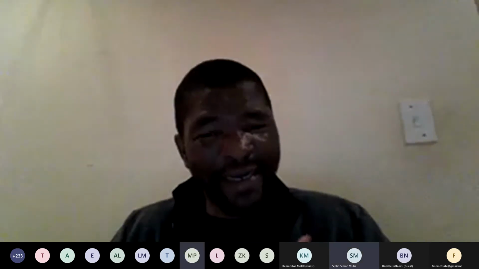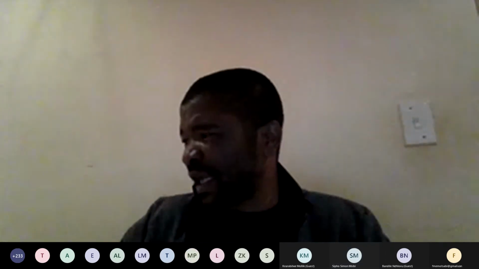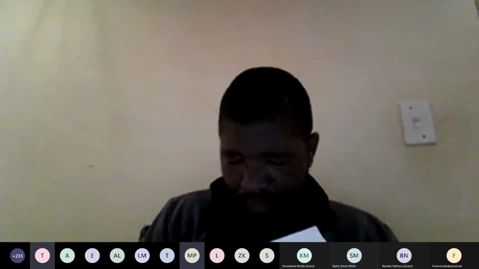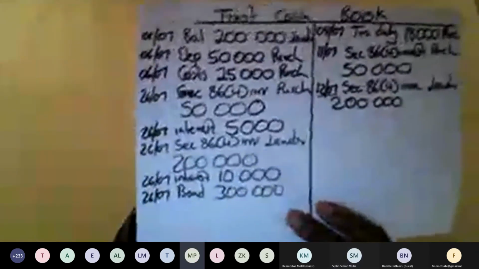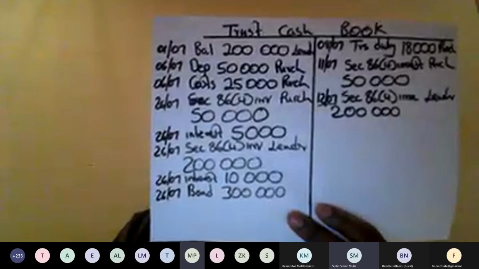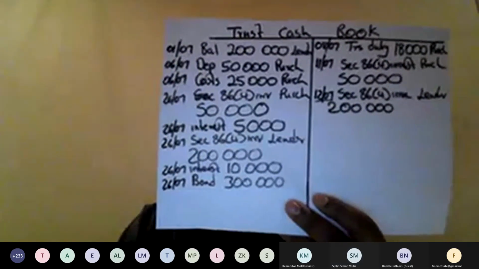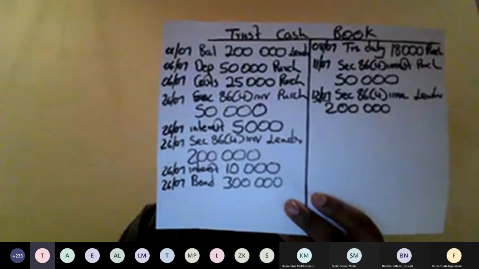Therefore, we go and credit the purchaser's trust ledger account with that 300,000. Here is a debit in your trust cash book, that bank guarantee or the bond, and then you go to the purchaser's trust on the credit side, 26 of 7. That is that bond of the bank guarantee.